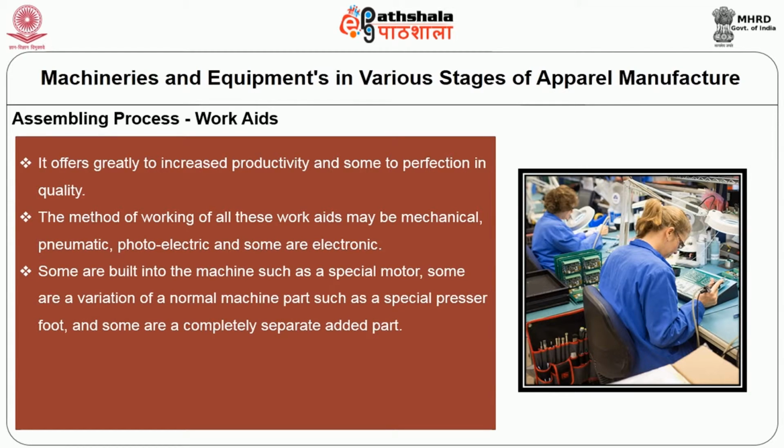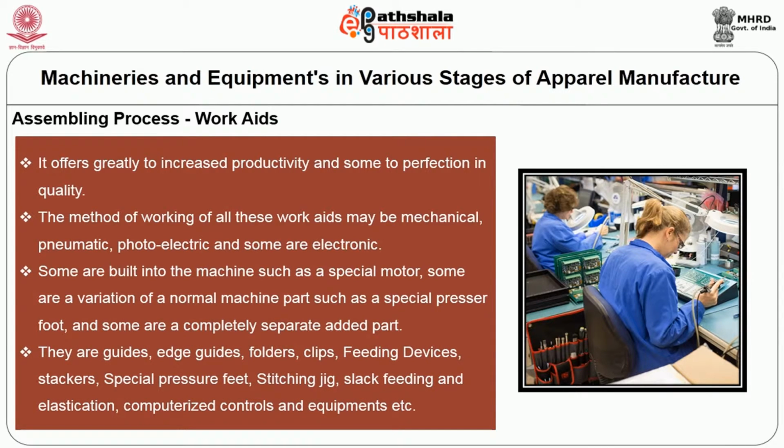Some are a variation of normal machine parts, such as special pressure foot, and some are completely separately added parts. Some examples are guides, edge guides, folders, clips, feeding devices, stackers, special pressure feet, stitching jiggers, slack feeding and elastication, computerized controls, and other equipment.